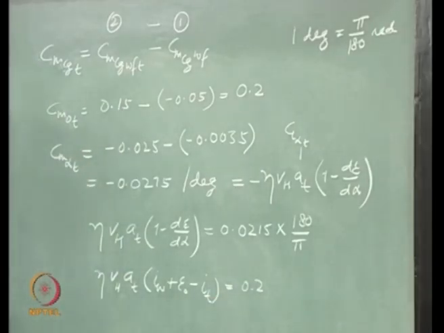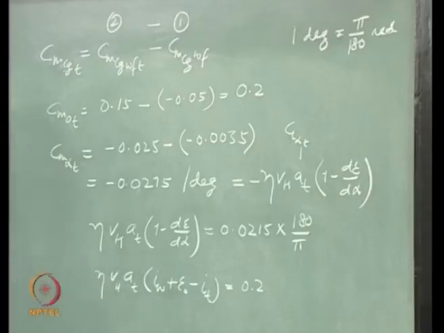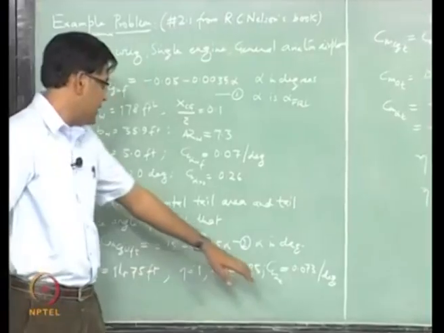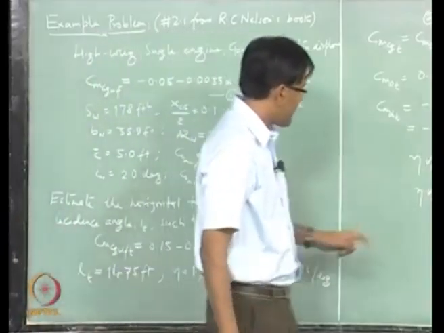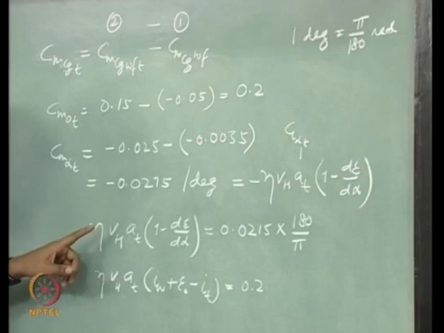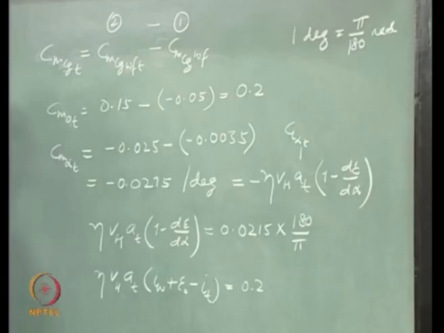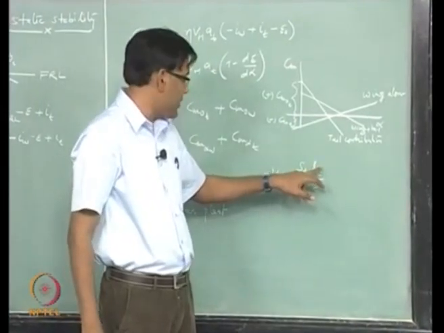So what all do you know? You know this, right? Lift curve slope of the tail is given here. You know L_T inside this. Let's look at what all you know. So you know this quantity L_T, right?